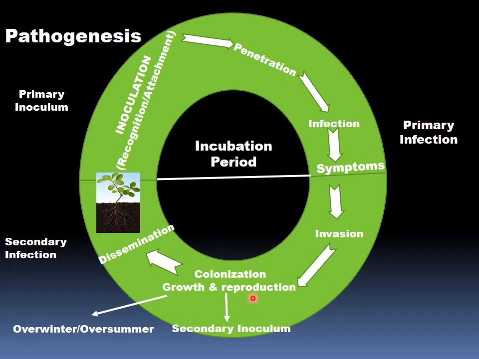So this time, this inoculum is known as secondary inoculum, and this inoculum is taken by different kinds of agencies like insect, wind, water, soil, human, seeds, and finally this secondary inoculum reaches the healthy parts of the same plant or the new healthy plants, and it causes an infection which is known as the secondary infection. So primary inoculum produces primary infection, and secondary inoculum produces secondary infection.